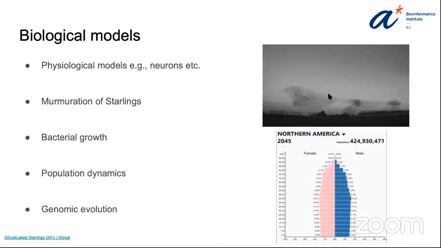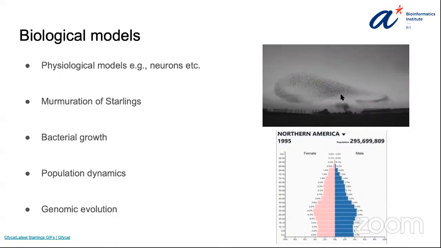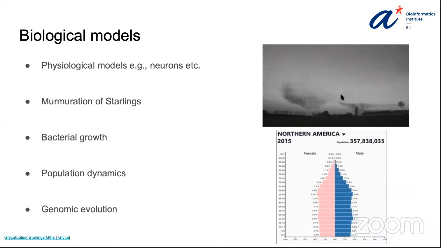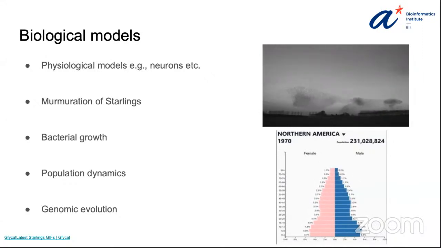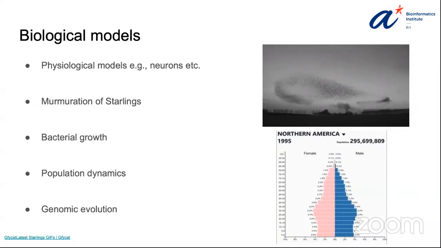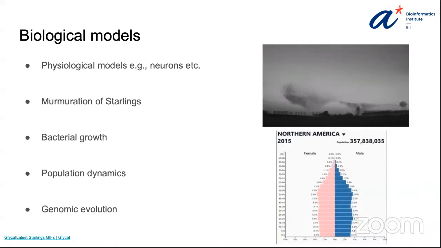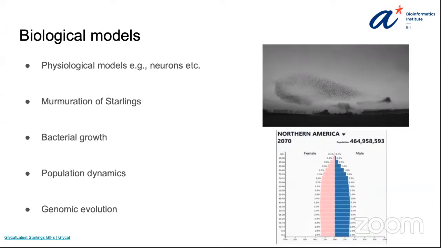Because I don't think they have radio to contact each other. They're not talking to each other. They are just following a certain phenomenon, and we don't yet understand exactly what it is. Maybe they're following the one in front of them. Maybe they're following the one behind them. But whatever is happening, we have to try and understand the model. We have to try and build the model. Okay, so that is one example.